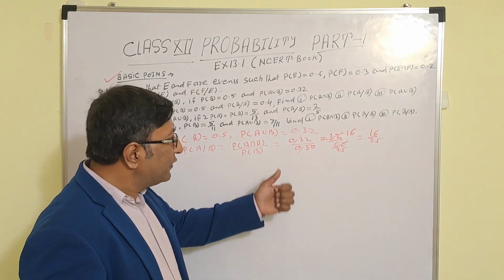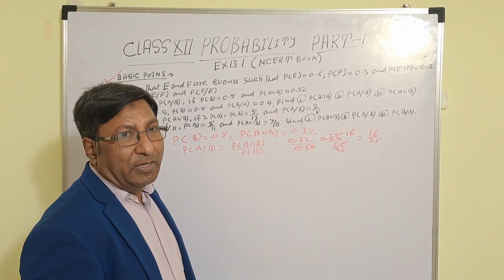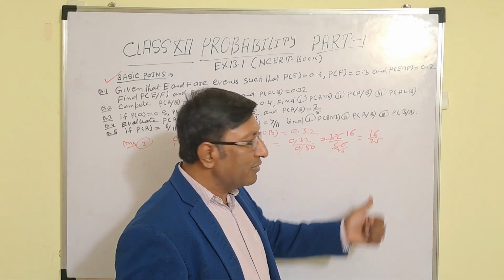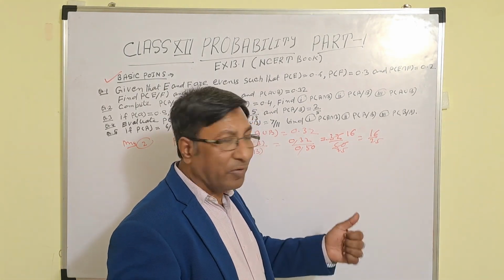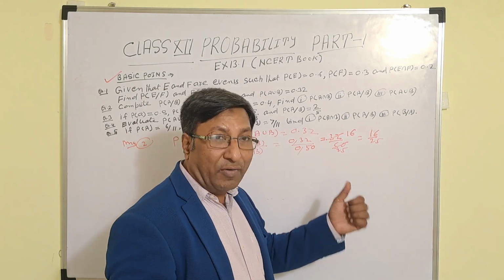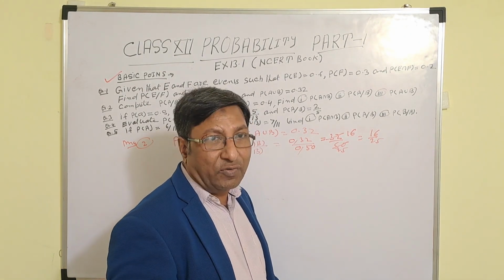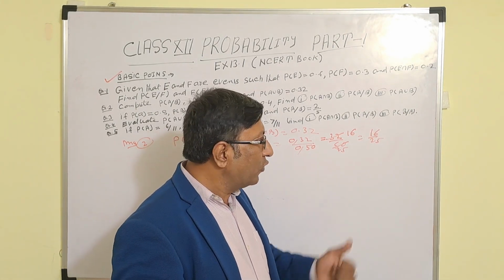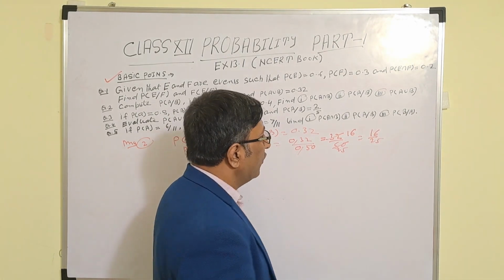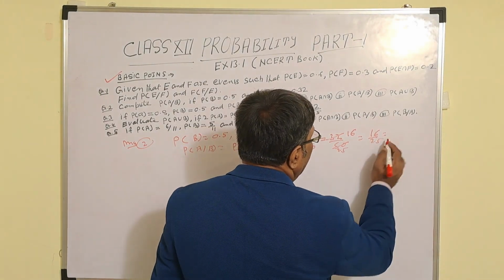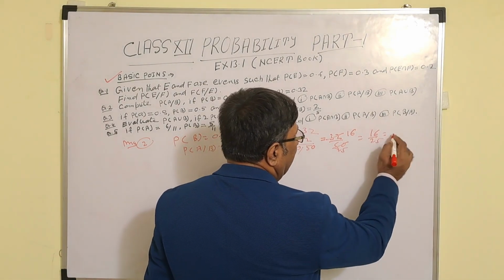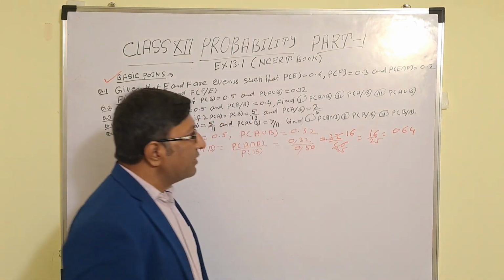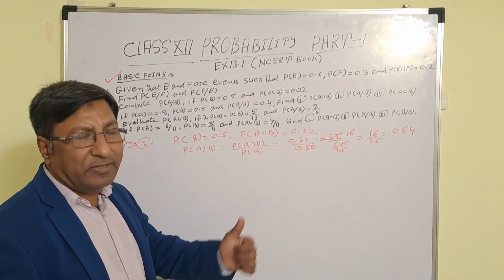But every number is given in decimal, so you can change this number into decimal. What is the trick? Here the denominator is 25. When you want to divide by 25, the trick is to multiply the numerator by 4 and put the decimal after 2 digits. So 25 times 4 is 100. So 16 times 4 is 64, and after 2 digits the decimal, so the correct answer is 0.64.